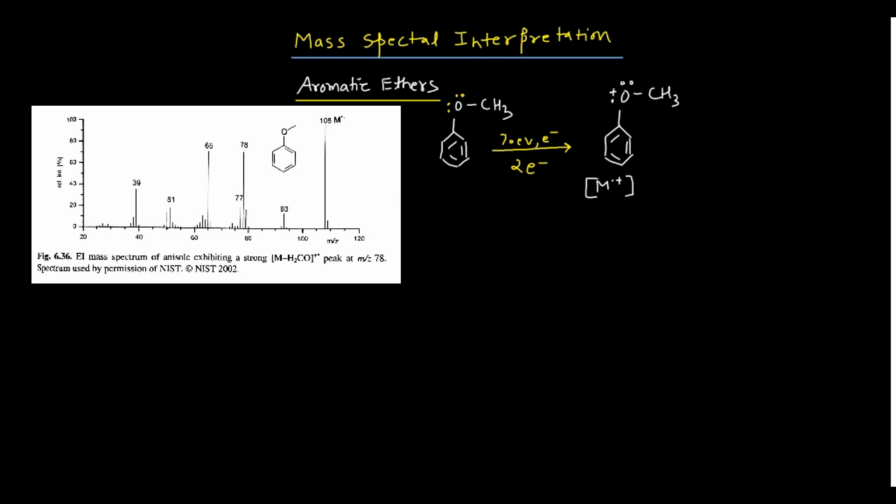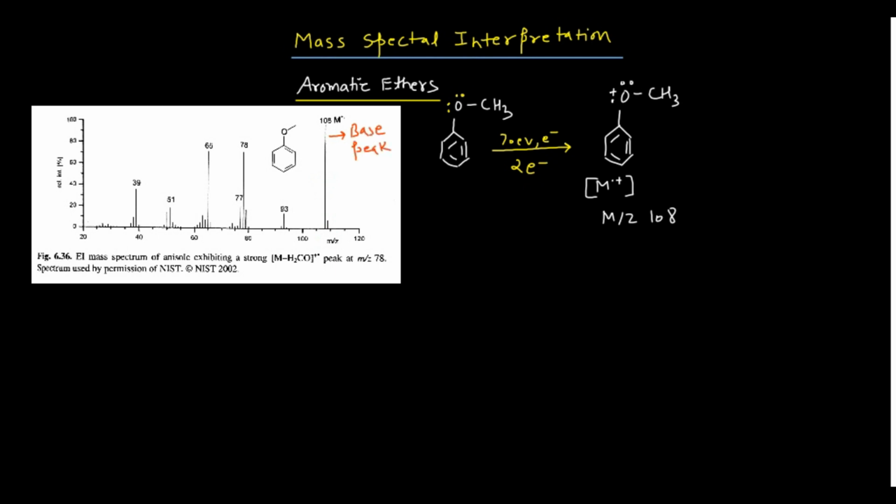So this gives the peak at m/z 108, which corresponds to the molecular ion. This is the 108 molecular ion peak, and it is also the base peak. I hope you know what the base peak in a mass spectrum is. The base peak is the peak having the highest abundance or highest intensity. We can say this 108 peak is the base peak.